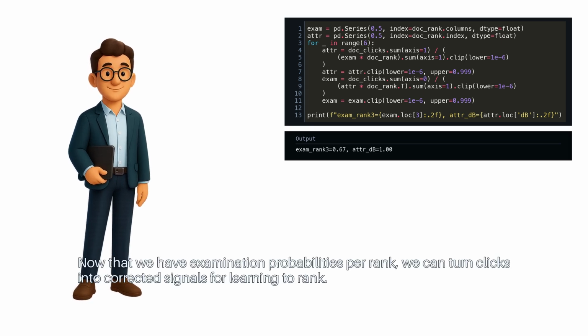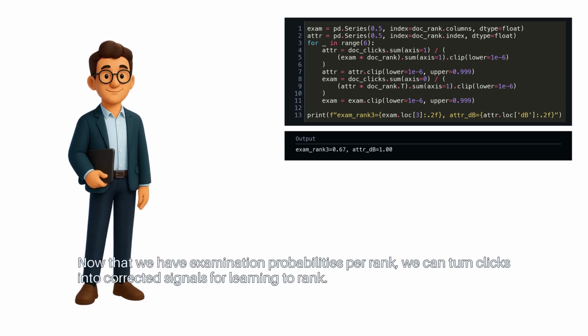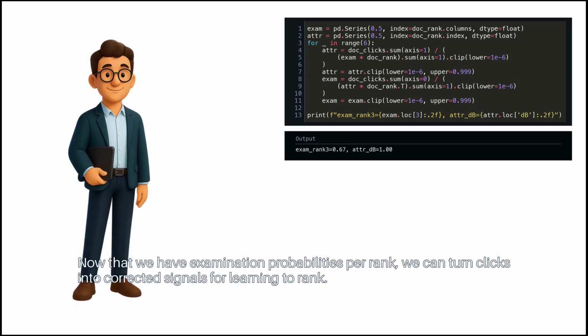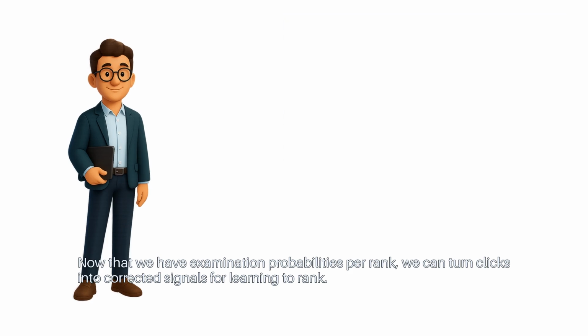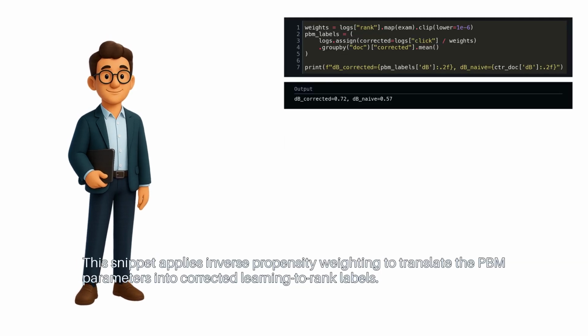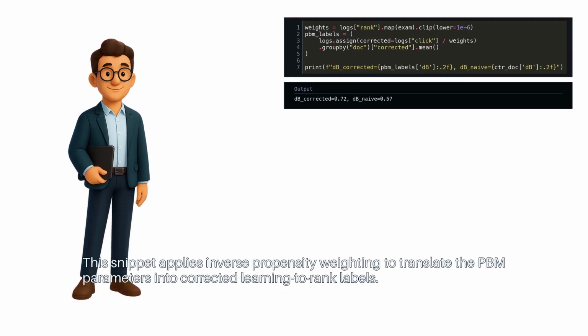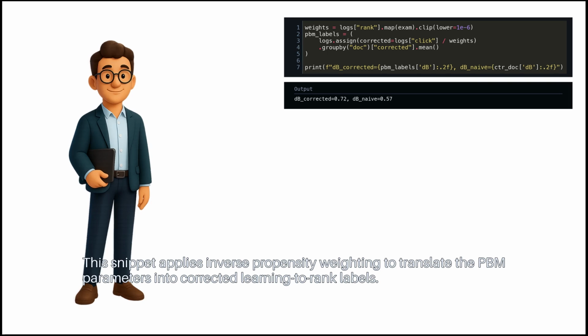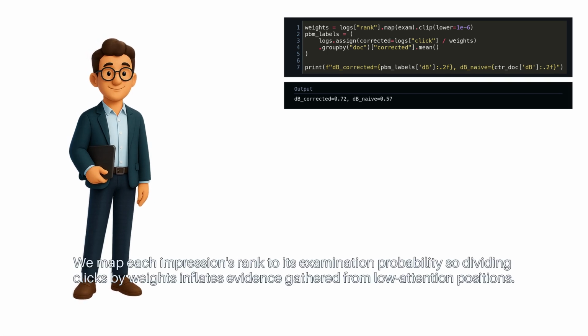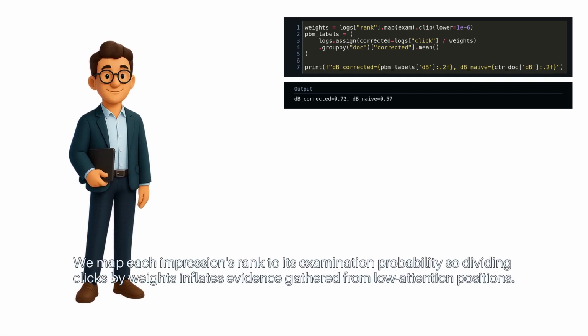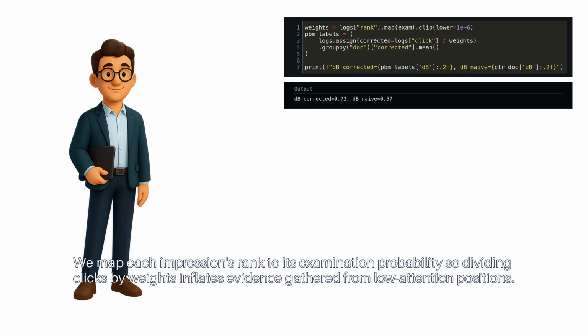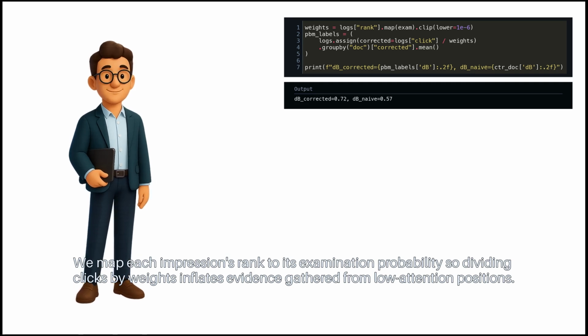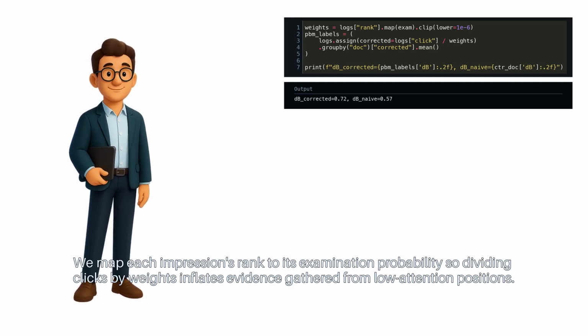Now that we have examination probabilities per rank, we can turn clicks into corrected signals for learning to rank. This snippet applies inverse propensity weighting to translate the PBM parameters into corrected learning to rank labels. We map each impression's rank to its examination probability. So dividing clicks by weights inflates evidence gathered from low attention positions.